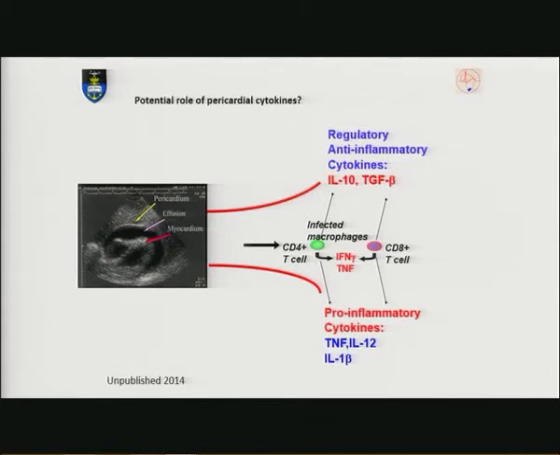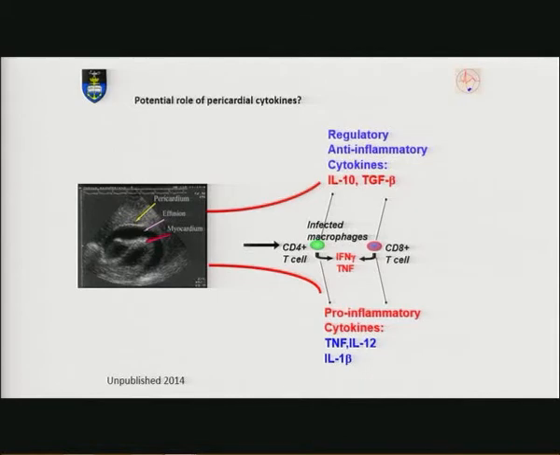I mentioned earlier that one of the theories was that inflammatory cytokines such as TNF-alpha were perhaps responsible for the LV depressed function amongst these patients. So we looked at this, and we also looked at the nature of the cells within the pericardium. What we found was that in those with HIV cardiomyopathy, differentiation was much more towards CD8 cells, which aren't as equipped to fight TB compared to those without HIV.